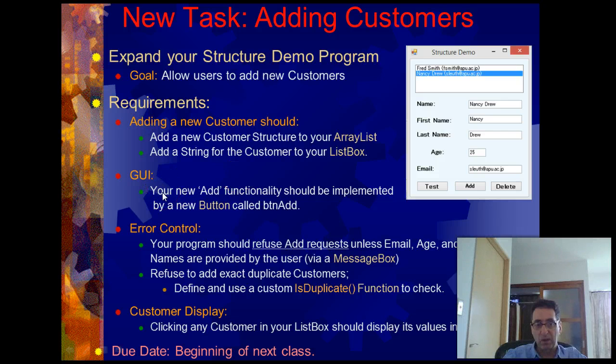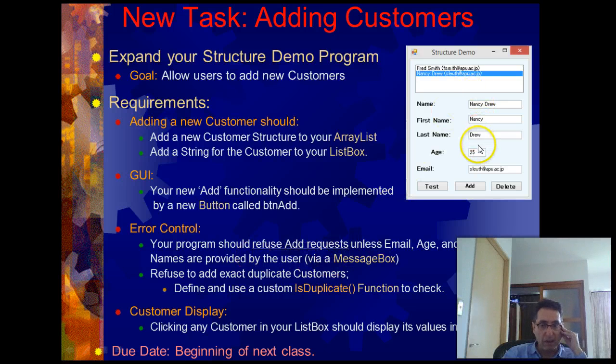In the GUI, your new add functionality should be implemented by a new button called btn add, so this button here. And then also we want to implement a little bit of error control. So your program should refuse to add requests unless email, age, and first and last names are provided by the user via a message box.